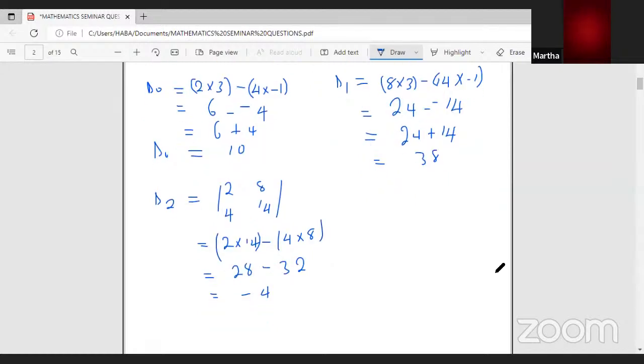So from there, the value of x will be equal to determinant 1 divided by D0. And my determinant 1 is 38 divided by 10.